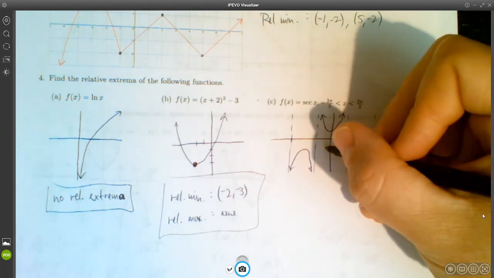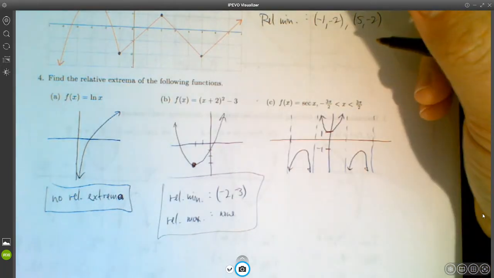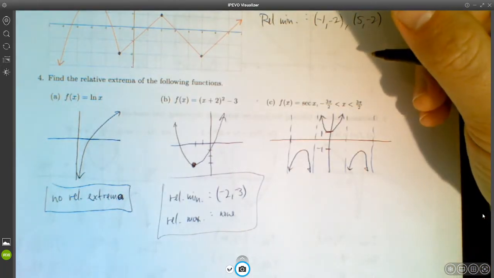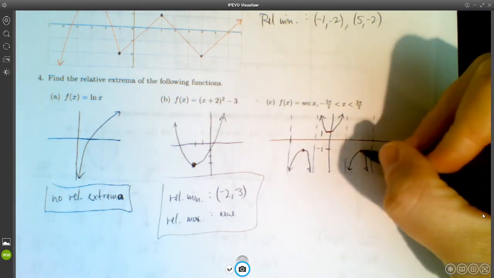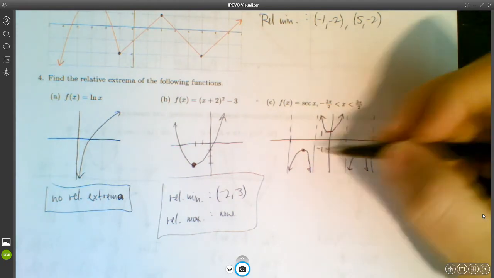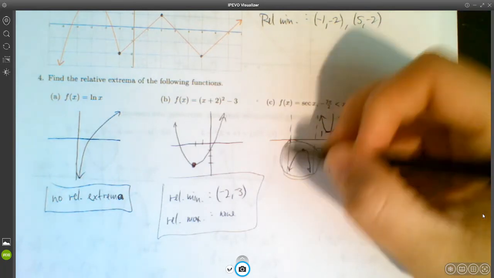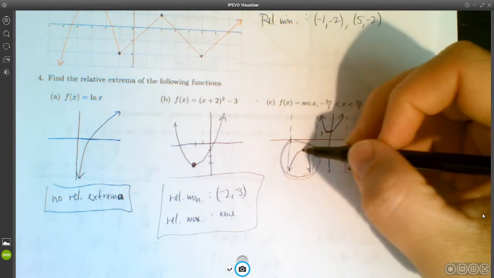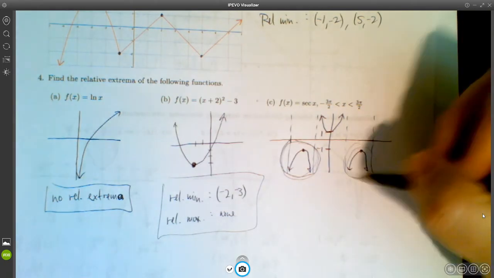And by the way, this is -1, this is +1. Okay, so these two values right here are going to be, this is kind of trippy, but these are going to be relative maxima. Because within this neighborhood, if I just clip this neighborhood, this is the biggest value in that neighborhood. And this is the biggest value in this neighborhood.